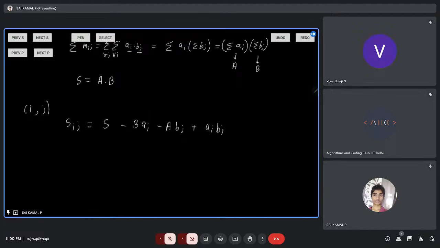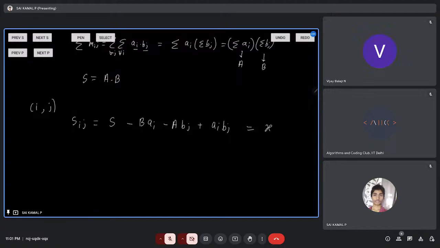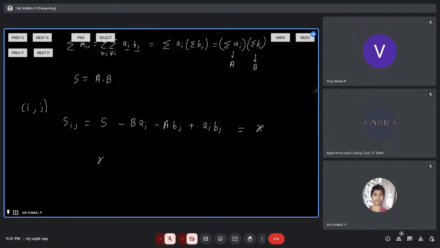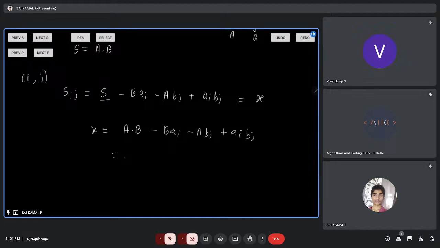We want this value to be equal to x, so that is what we are targeting. If we rearrange these terms a bit, x can be written as A times B minus B times a_i minus A times b_j plus a_i times b_j. This you can directly split as (A minus a_i) times (B minus b_j). This equation is just the splitting of it; if you expand this polynomial, this is what you are going to get.